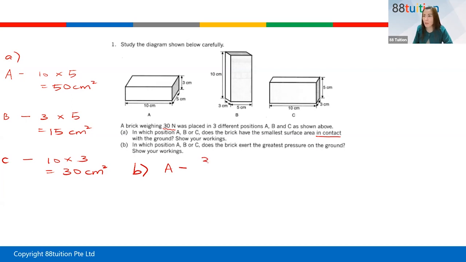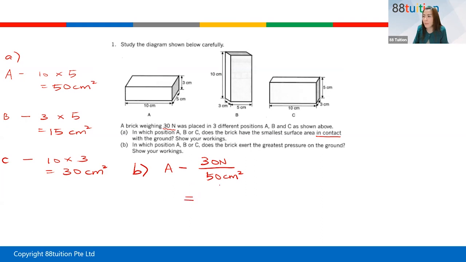Force is 30 newtons. And for the area, we don't have to worry about conversion because we are just trying to find out which one exerts the greatest pressure. If you calculate your area in meter square, it's going to make your life miserable. So we take this as 50 cm square.